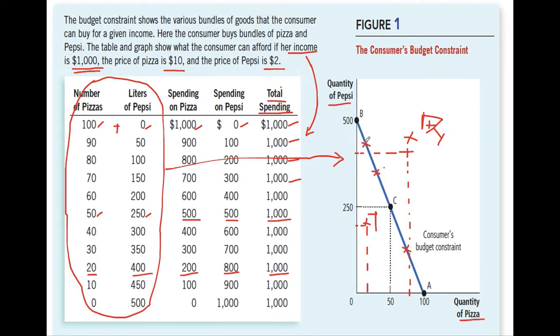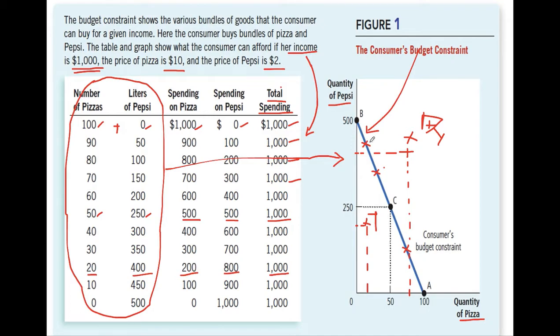However, this blue line represents all combinations of Pepsi and pizza that Harley can afford spending the totality of his income. We call this curve the consumer's budget constraint.